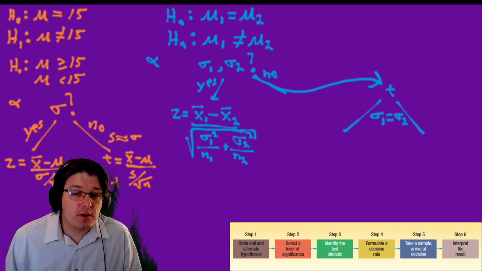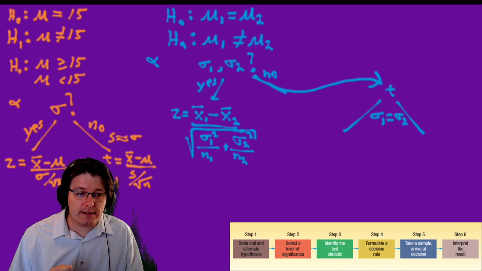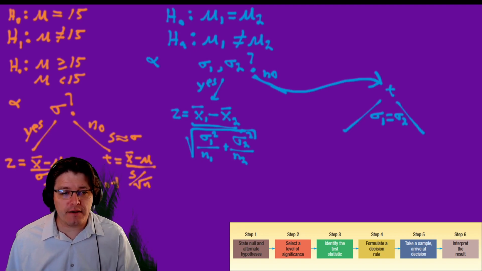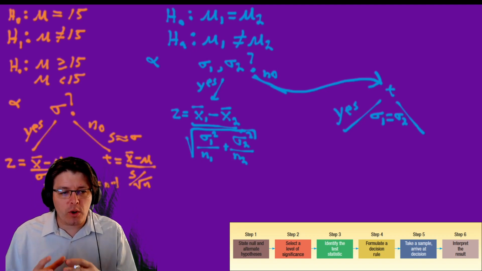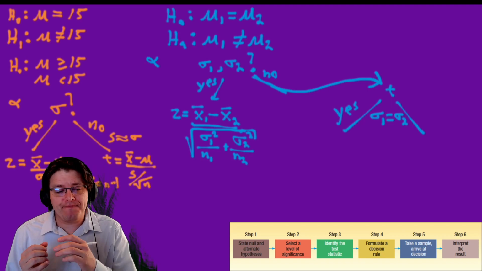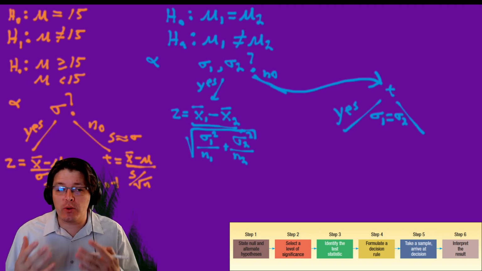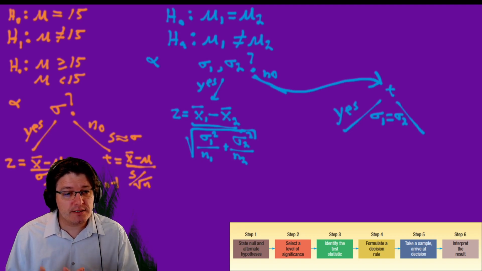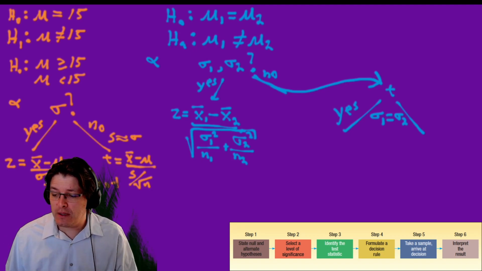And if it is, we're going to plug in one value for that. So this is yes. We're going to use both to plug in a single value. We're going to use S's. So what happens in chapter 10 when we don't know sigma? We use S to estimate it. That's why we're building the T distribution.